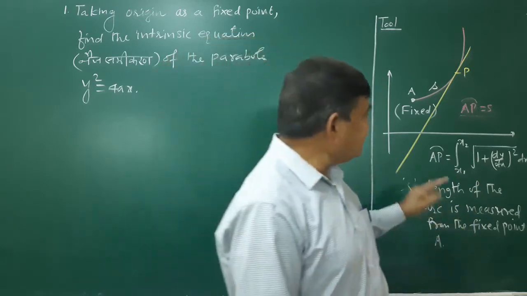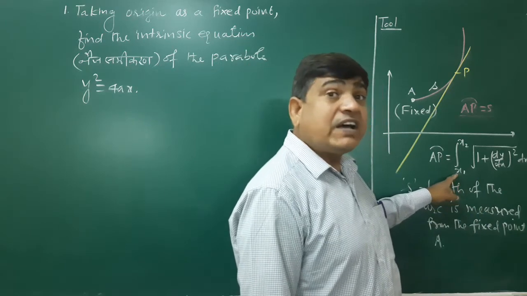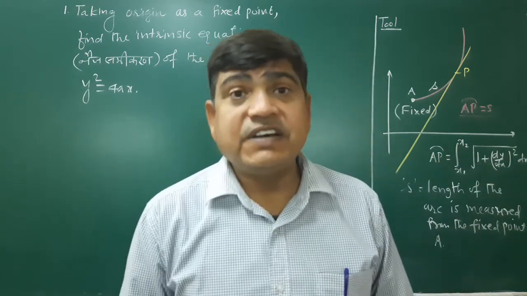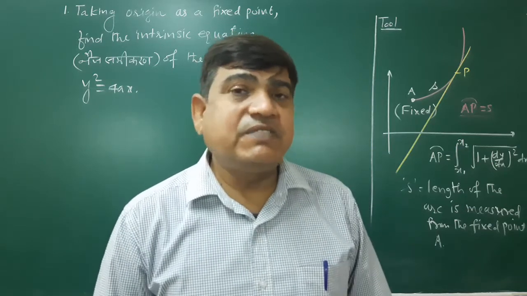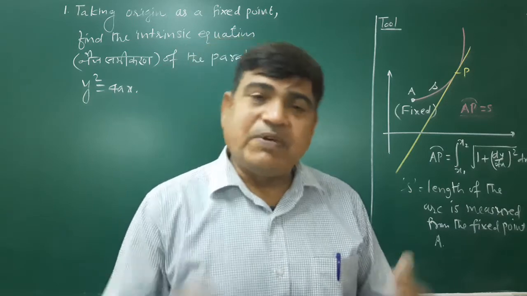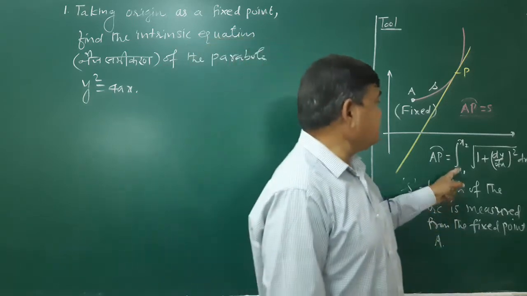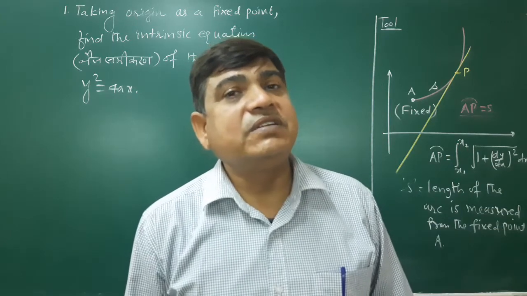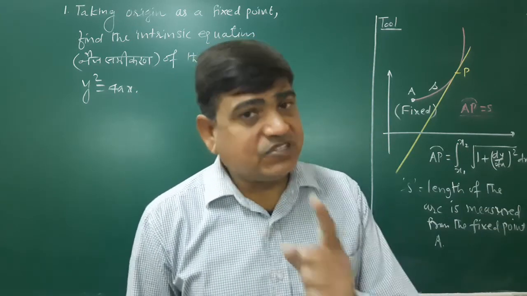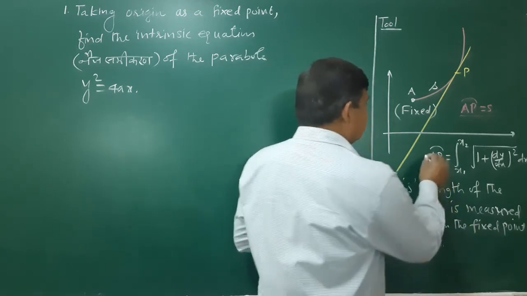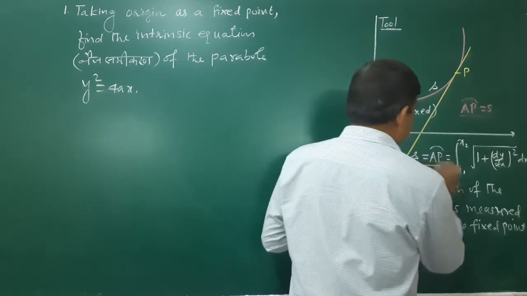If we consider x in terms of y, then we take the limits of y: y1 to y2, root of 1 plus dx by dy whole square dy. If polar curve is given, then we can write r in terms of theta, or theta in terms of r. If parametric is given, then we write the limits t1 to t2, root of dx by dt whole square plus dy by dt whole square dt, because t is the parameter here. So this is the length of the arc, that means this is S.